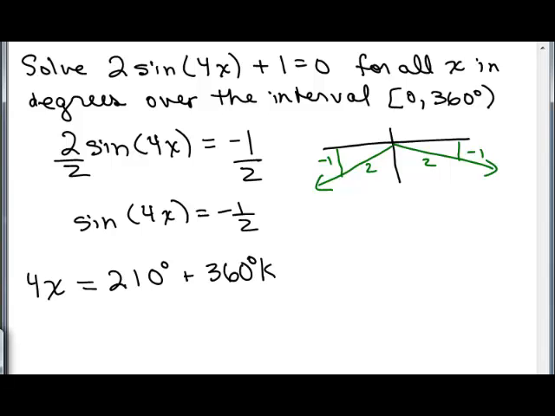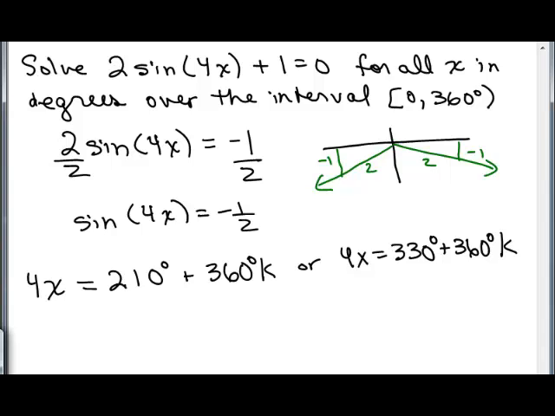That would be all the values for 4x for this angle in quadrant 3. But of course we could also have this other angle, and that's 360 minus 30, so that's 330 degrees plus 360 degrees K.